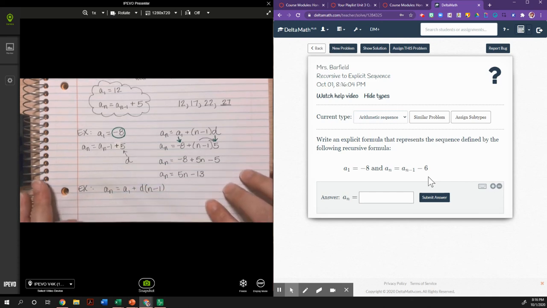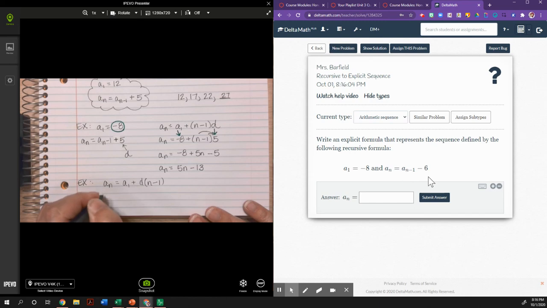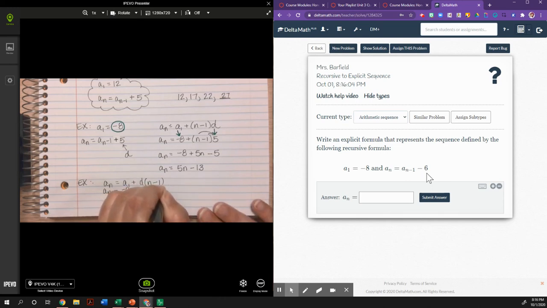That's okay, there's no difference. So a sub n equals, well, a sub 1 is negative 8, and my common difference is right here. Since it's negative, I'm going to put negative 6, parentheses, n minus 1. Let's see what Delta Math will accept.